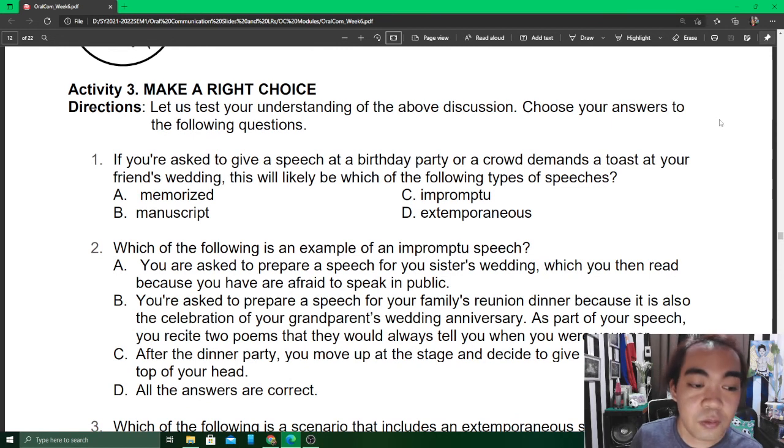Example, number 1, if you're asked to give a speech at a birthday party or a crowd demands a toast at your friend's wedding, this will likely be which of the following types of speeches? Is it memorized? Kasi wala mo man na mapreparahan. Nag-attend ka lang, wala pa sila naghambal nga ikaw ang ma-speech. Is it manuscript? Kasi wala ka man ikapreparar, impromptu, or extemporaneous.